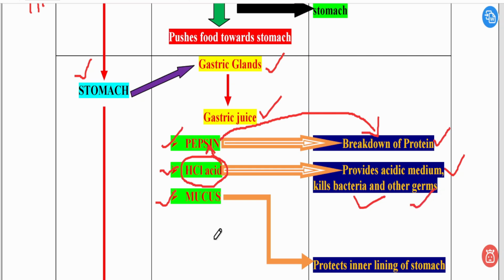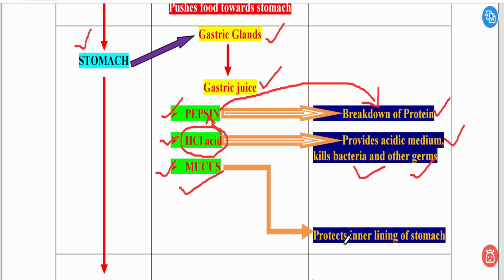Now, in order to protect the body from the effect of the acid, the gastric juice will release mucus that will protect the inner lining of the stomach.